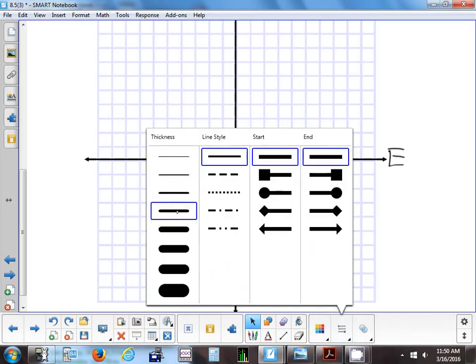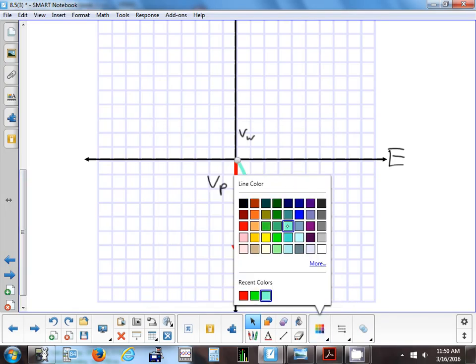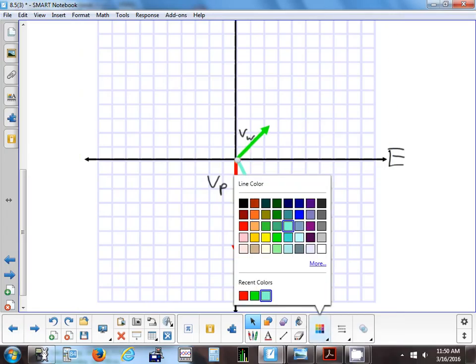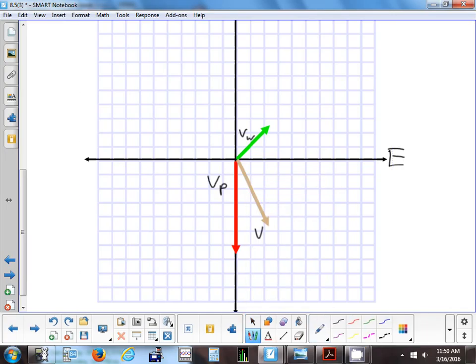I'm going to put the wind back where I had it. I just wanted to show you. Let's make it a different color, those look too much the same. Okay. Let's call that v sub a. That's the actual velocity vector for the plane. So it's going to slow the plane down a little bit, and it's going to blow it off course.